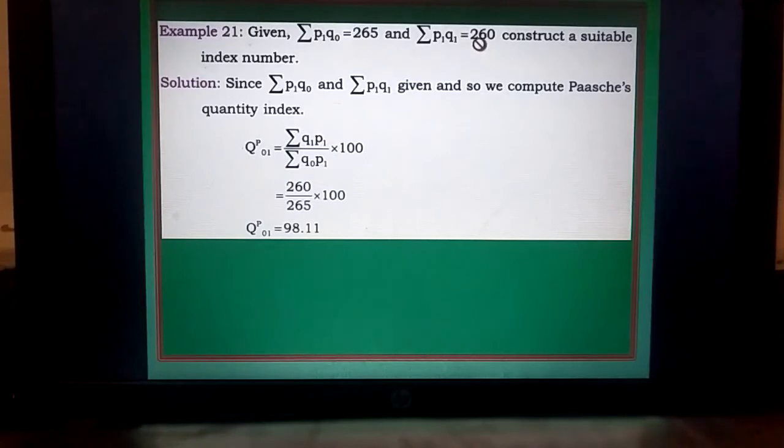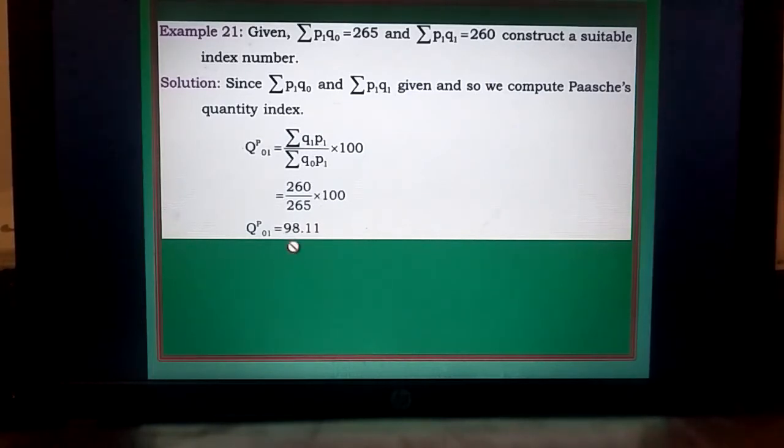So 260, given as sum of P1 Q1 or sum of Q1 P1 whatsoever, is to be substituted, and in the denominator 265, multiplied by 100. So here Q01P is coming as 98.11.